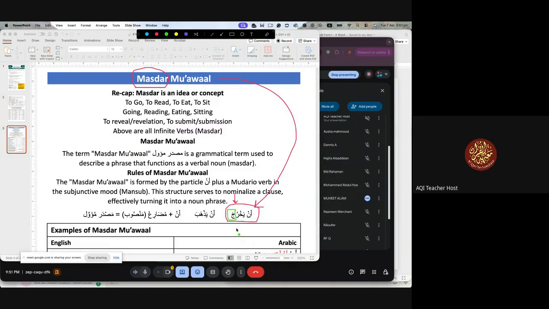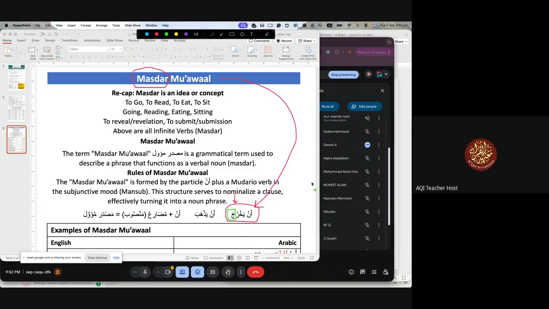So, Ustadah, what's the difference between masdar and masdar muawwal? What are the similarities? I'll ask our students. What is the similarity between these two, masdar and masdar muawwal? What's the difference and what's the similarity? Student, please talk. Yes, Brother Dennis. The masdar is just an idea.